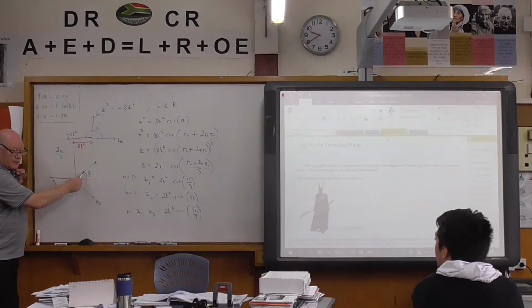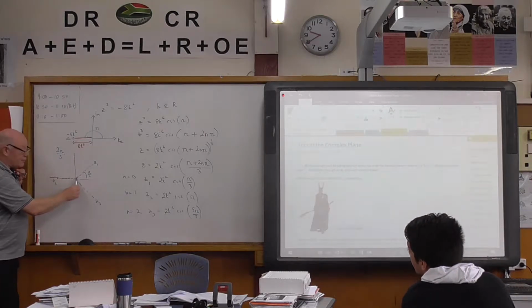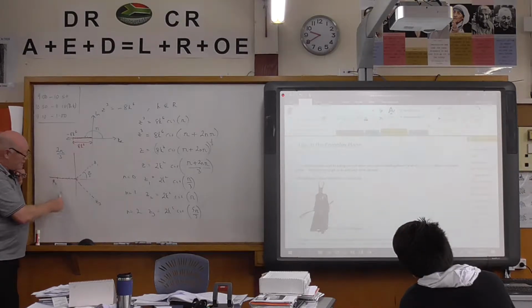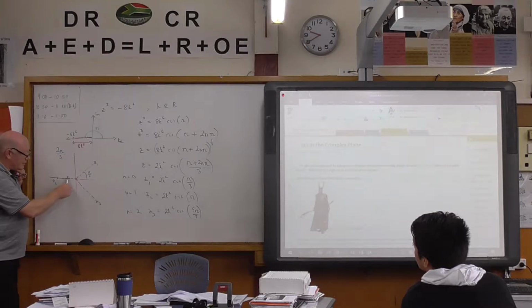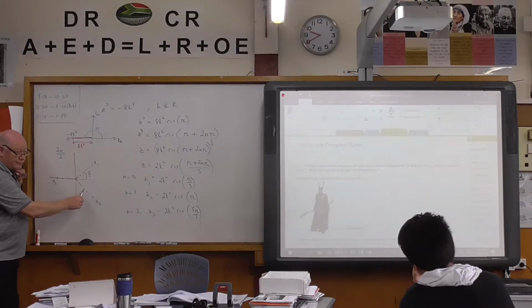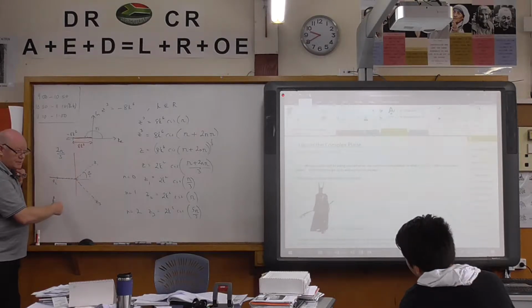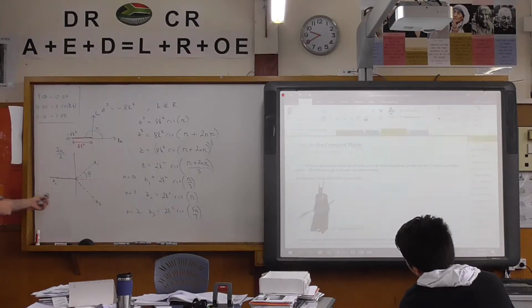If you started from that one and added 2 pi over 3 to the argument, I get this one. Then if I add 2 pi over 3 again, I get to this one. So it's an alternative way you could have got the three solutions.